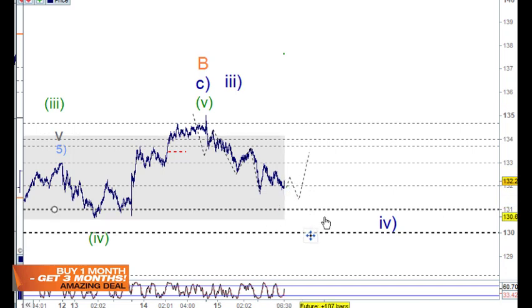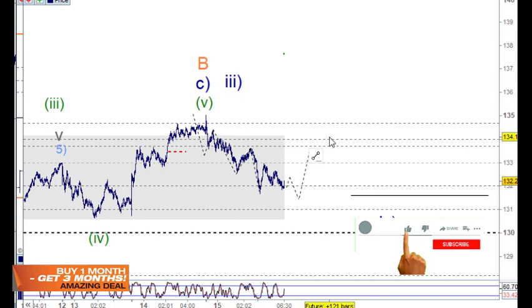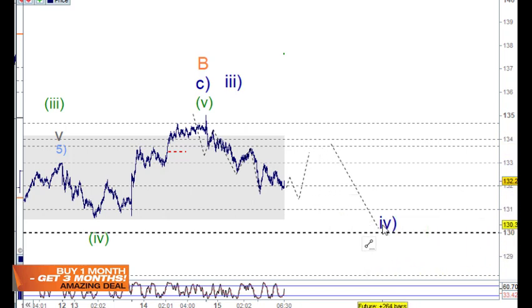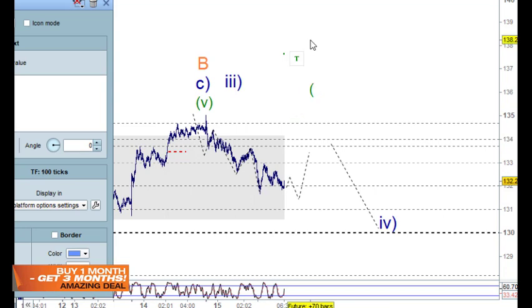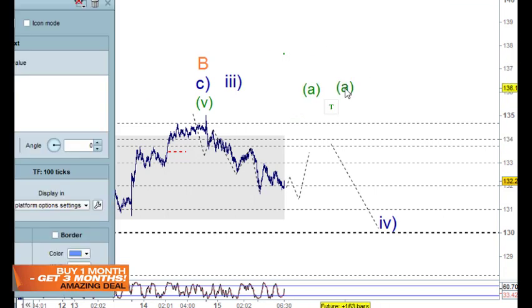But I think we just really need to take this on board with all the other markets at this point. That would be the logical thing to do, wouldn't it? To look at this as the A wave, the B wave, and the C wave coming down here. Then we can look to move in there. And in this case, we would look for this as a higher degree of structure, of course.